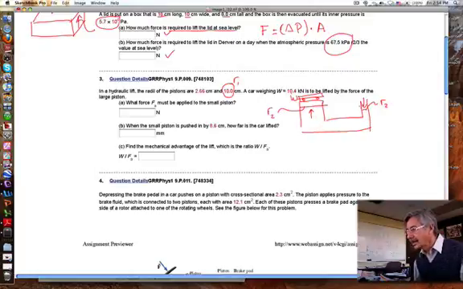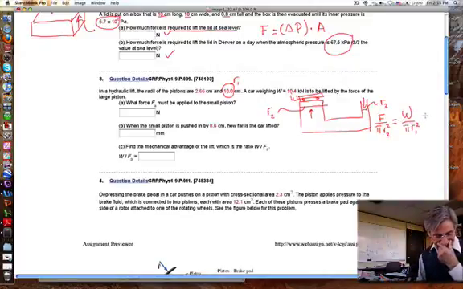So the pressure here will be the force that you are looking for divided by this area here, which is pi r squared, and that has to be equal to the pressure there, and the pressure there is the weight of the car divided by this area over here.